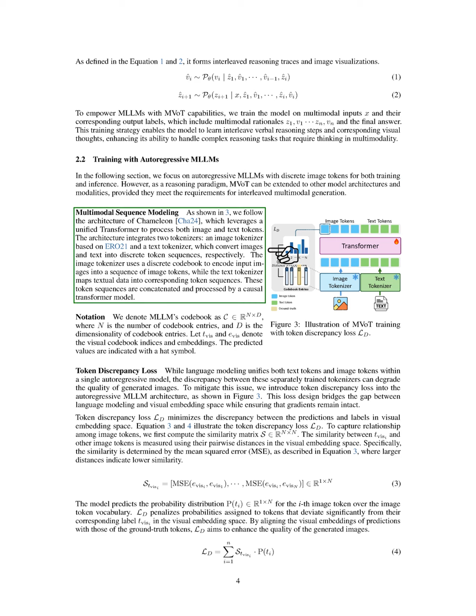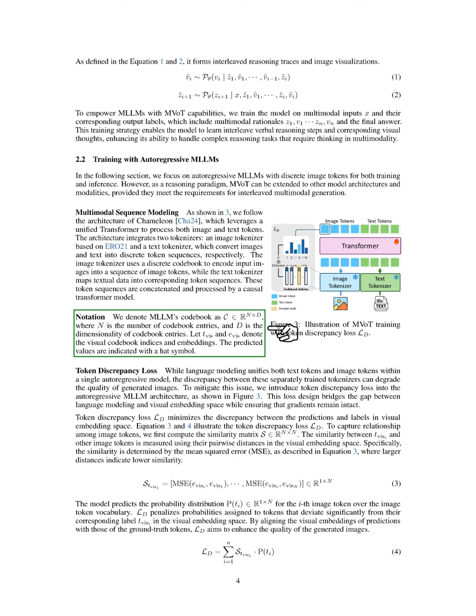This architecture employs two tokenizers, one for images and one for text, converting them into discrete token sequences. The image tokenizer encodes images into a sequence of tokens, while the text tokenizer does the same for text. These token sequences are then combined and processed by a causal transformer model.